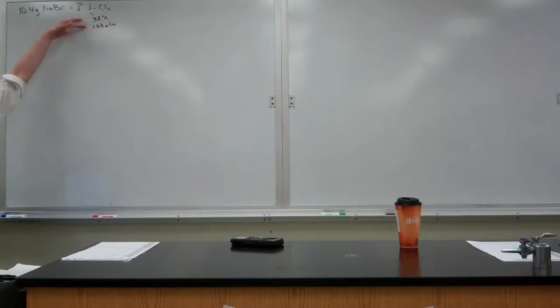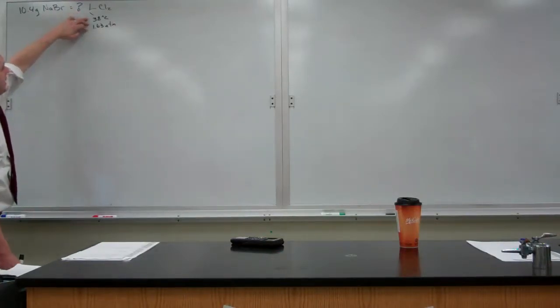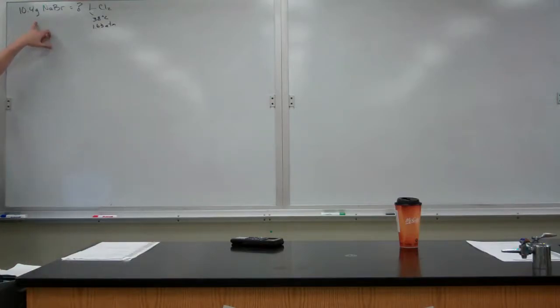Temperatures and pressures are always conditions that go with volumes. That is why I link them together like this. The grams is always at STP, so I don't worry about the conditions being with this, even though they're numbers.